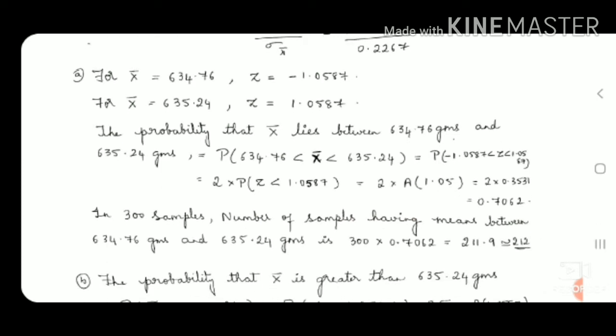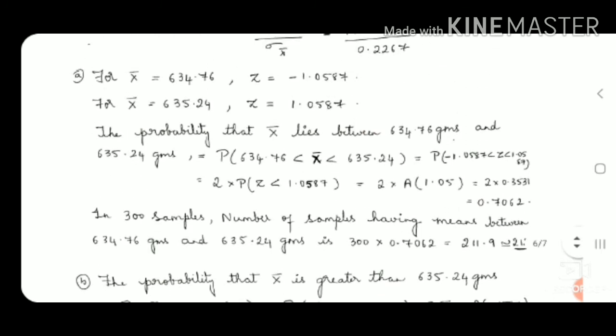Using the normal distribution table, the probability that the sample lies between these two means is 0.7062. Since this is the probability for one sample, for 300 samples we multiply this probability by 300. We get the number of samples which lie between 634.76 and 635.24 grams as 212.